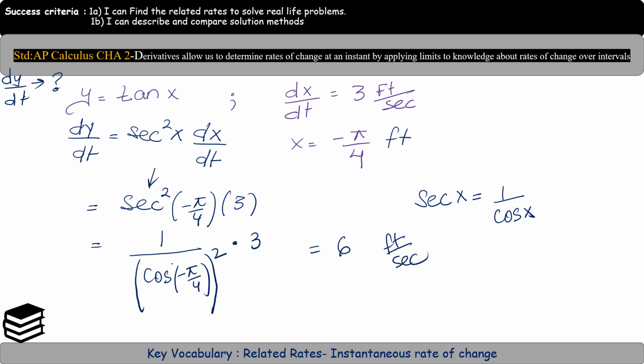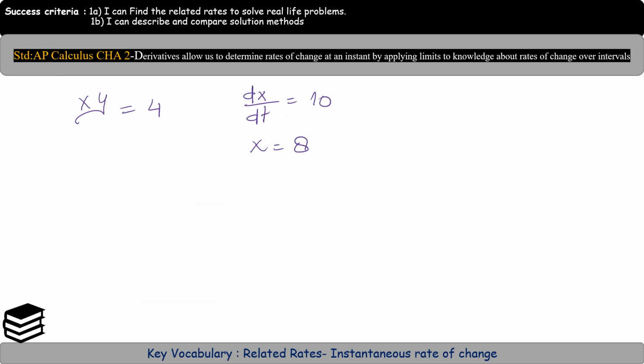Now let's try another question. xy equals 4. What will happen if the two functions are written together? As I said before, when two functions are written together, we always use the product rule, according to which the first function times the derivative of the second function plus the second function times the derivative of the first function.